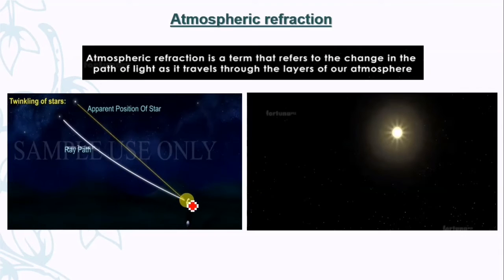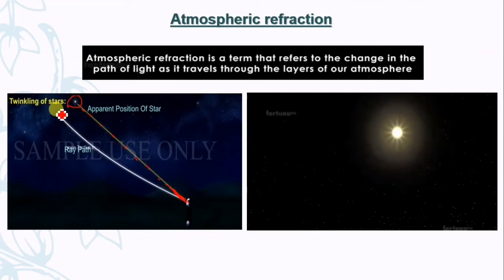So we get, for example, a specific path of light, and as we said before in the previous chapter, for any light that enters our eyes, the brain believes that this light has traveled in a straight path. So we get, for example, this path of light. The brain assumes that this light has traveled in this path, and we think that the star is here, but this is not the actual position of the star. This is the apparent position of the star.